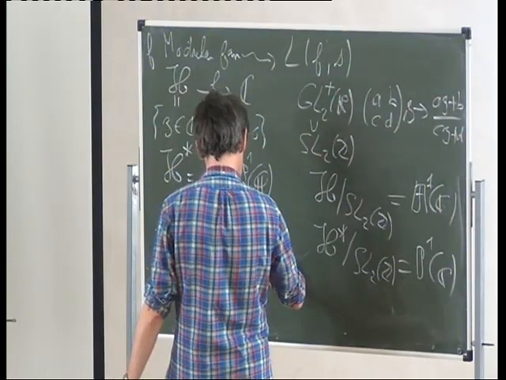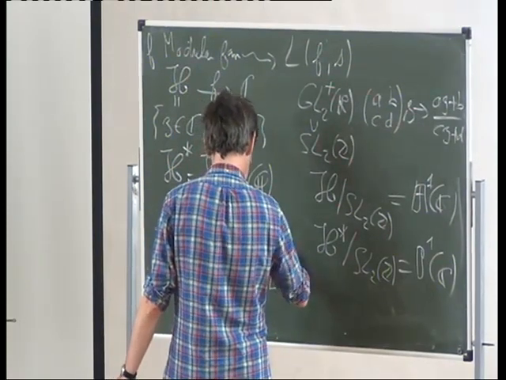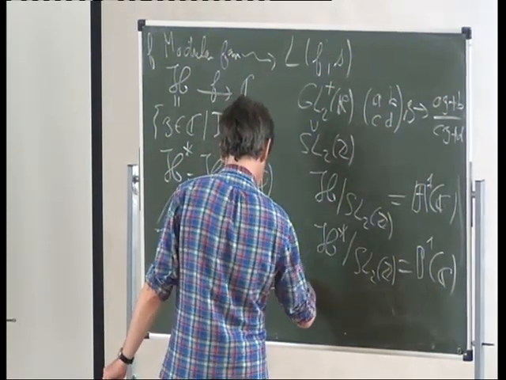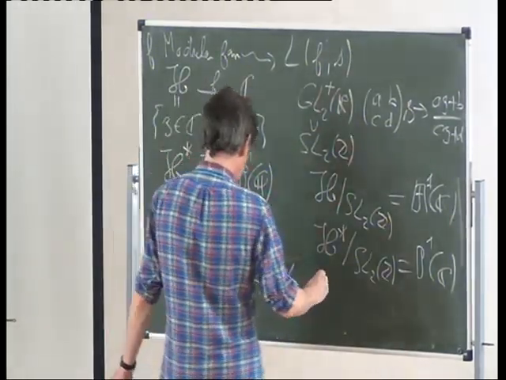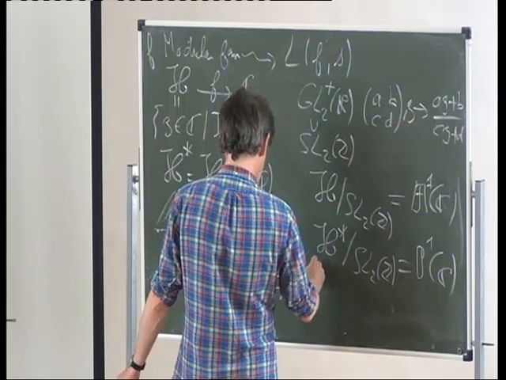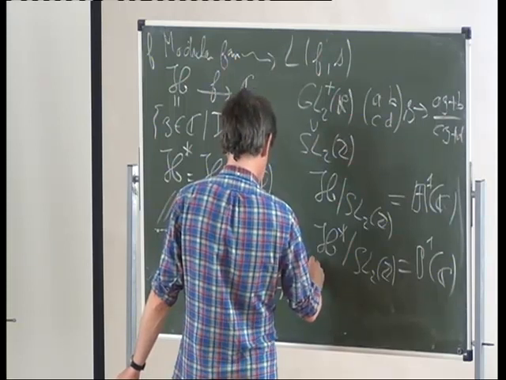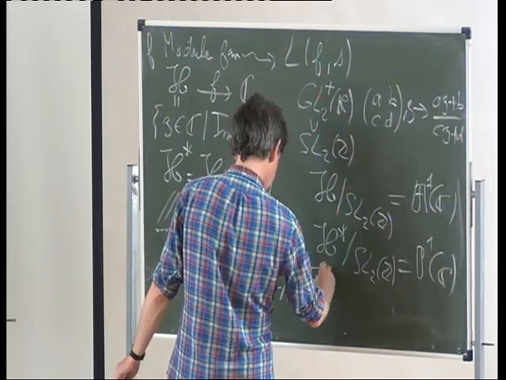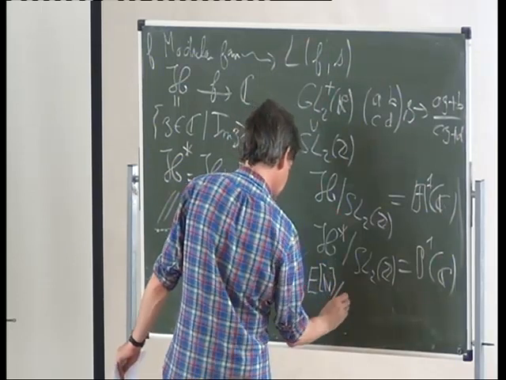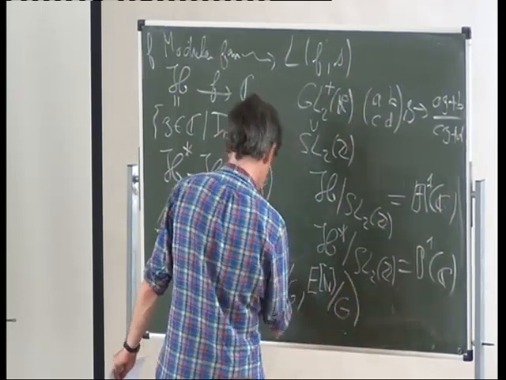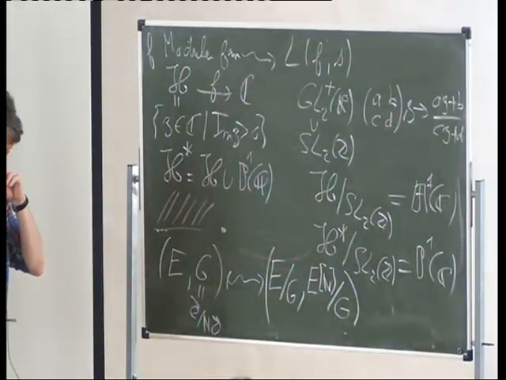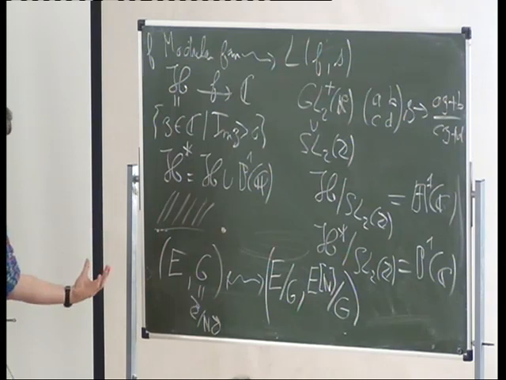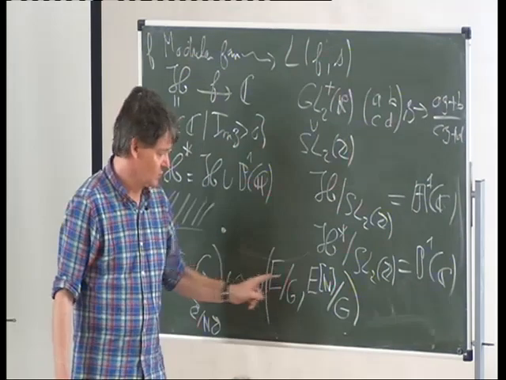One way to write it is, for example, E over G, and here you take the full kernel divided by G. It is easy to see that this is again an elliptic curve, and this is again a cyclic subgroup of order n.